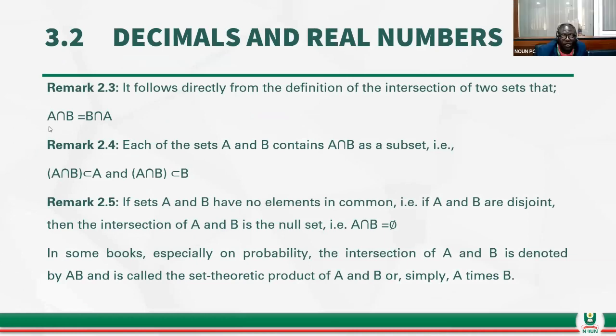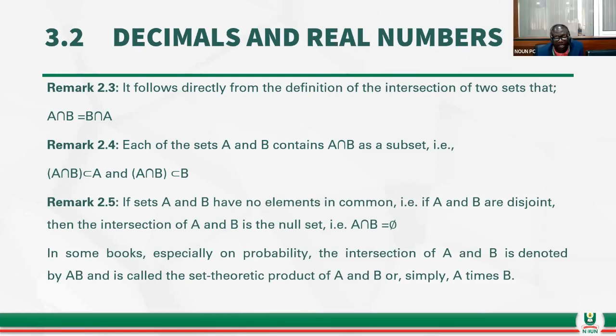All right. Let's further look at the remarks now. When you are performing the operation of intersection on two sets, are they commutative? Is A intersection B equal to B intersection A? Try that on your own. That's the assignment I gave you yesterday.